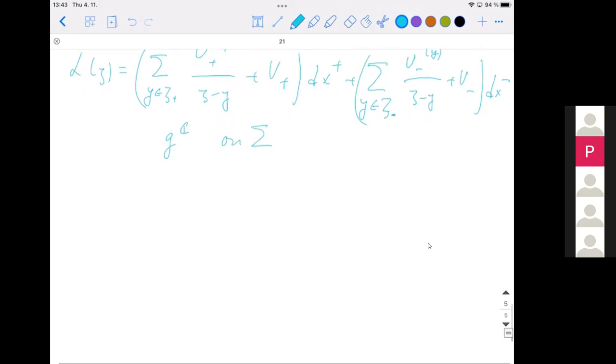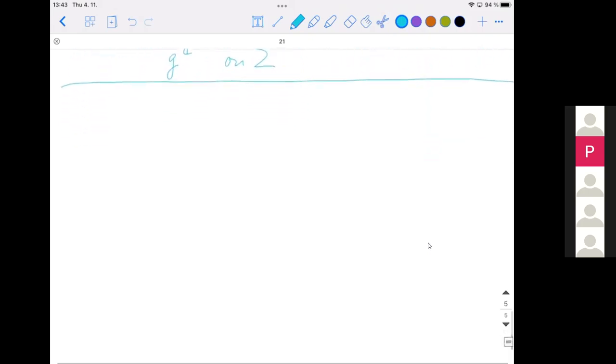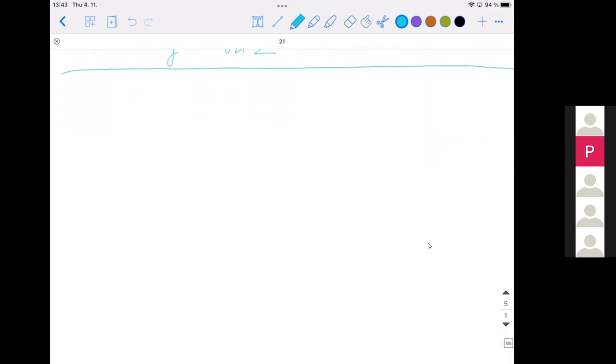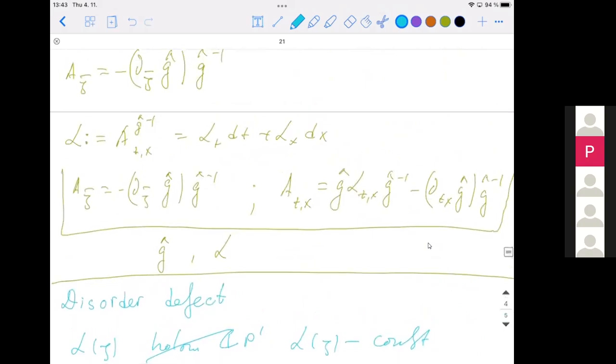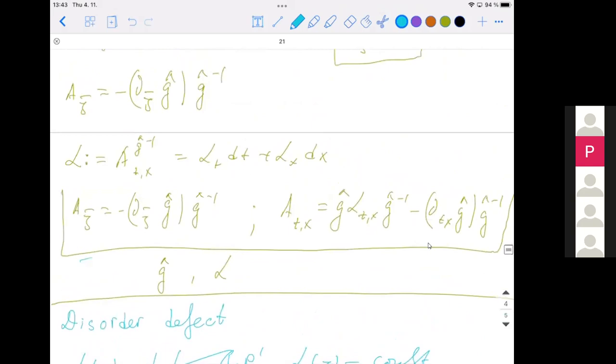So now we can discuss this G hat thing a little bit. So we had this parametrization here.